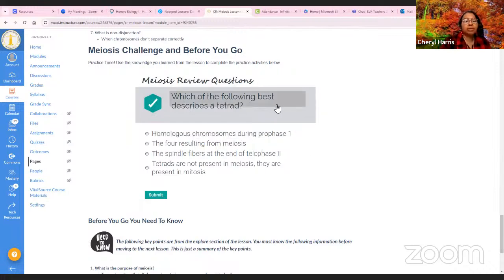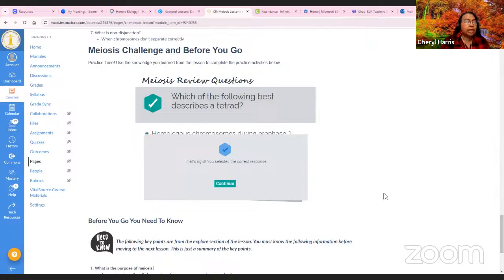All right. Which of the following best describes a tetrad? Okay, they are homologous chromosomes. And that was like the picture we saw at the top where they're still connected to each other.